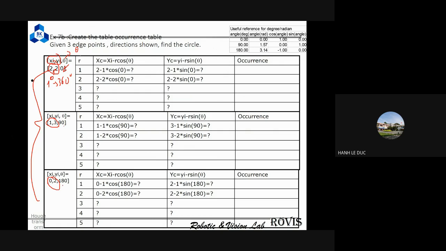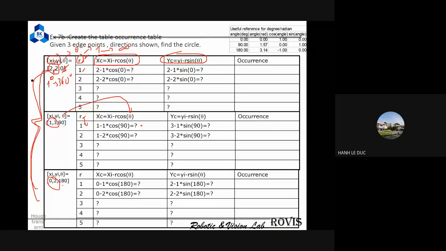And about the R value, the radius, we also have to vary it from 1 to infinity, right? But in this case, I know that you just do 3 values of R, it is enough. Okay, so let's do it.